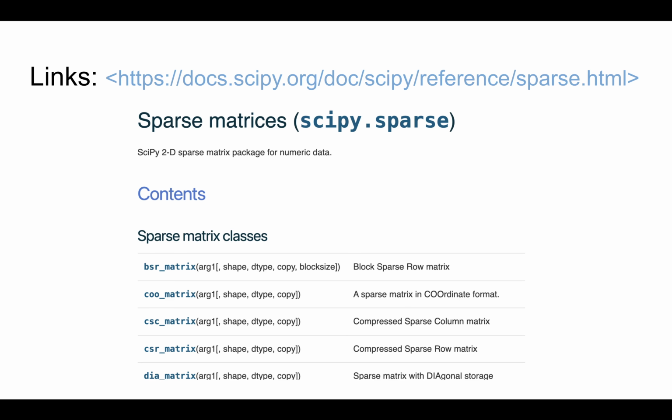And if you are looking for different types of sparse matrices, there is a link here, and there's CSR, CSC matrices that we have also discussed in this series previously. So the idea is that you convert the matrix into this format, and that would allow for faster processing.